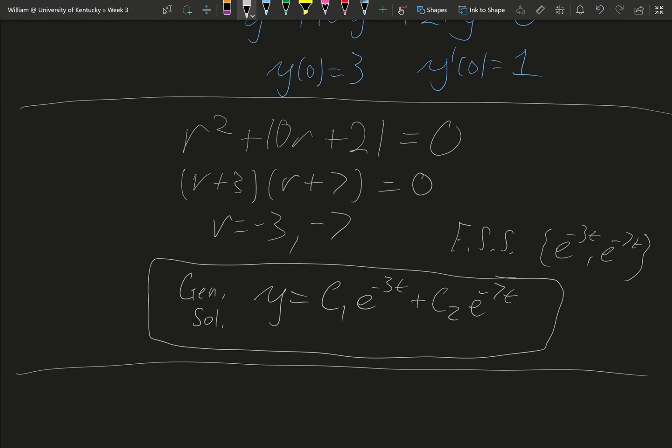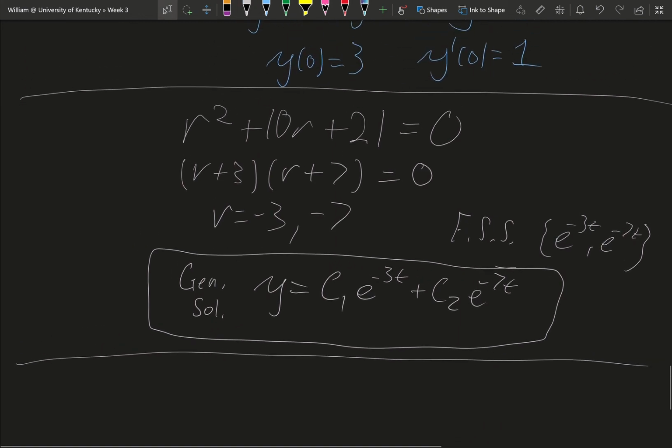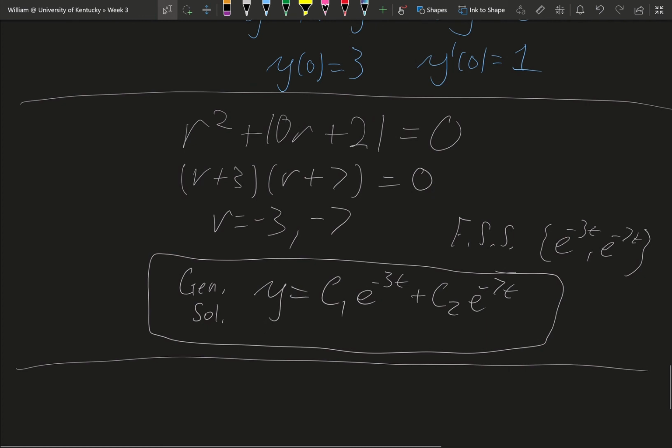So now, continuing on to the next part. So y of 0, so this is our y. Well, what's our y prime? It's negative 3 c1 e to the negative 3t minus 7 c2 e to the negative 7t.